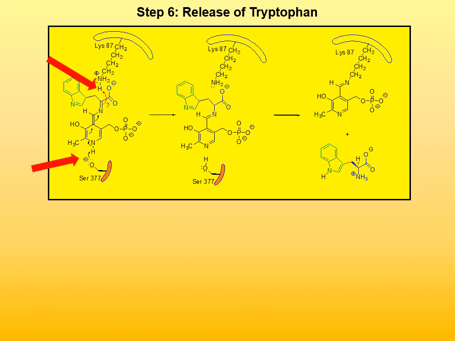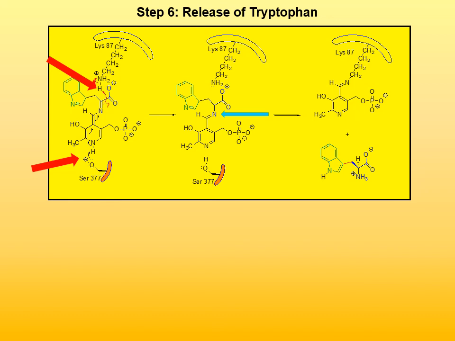So in the following series of steps, there is an exchange between the residue of lysine 87 and tryptophan, where lysine 87 ends up being bonded to PLP, and lysine 87 exchanges with tryptophan for the bond with PLP, and that releases tryptophan out of the enzyme active site, and restores the enzyme for the next catalytic cycle.